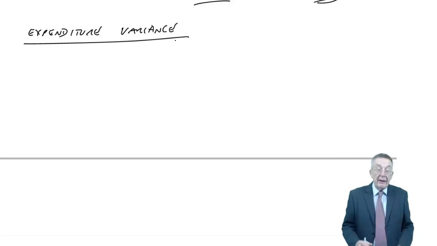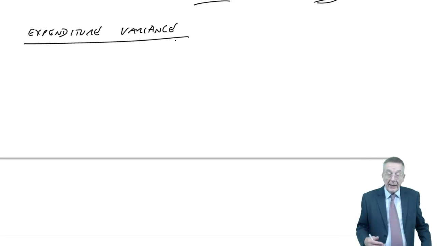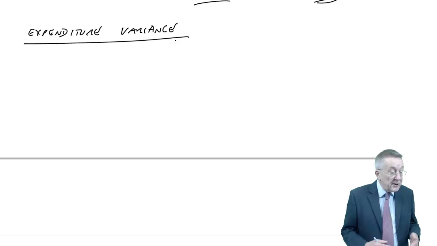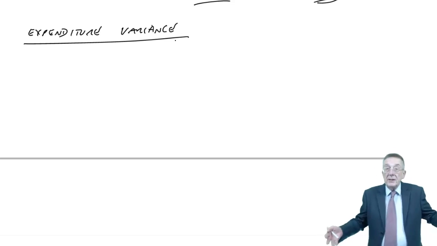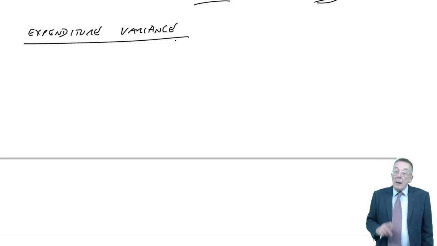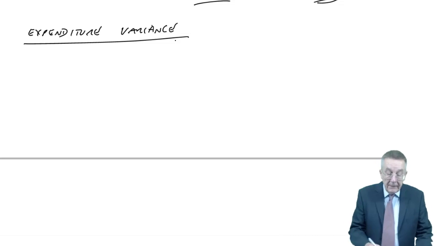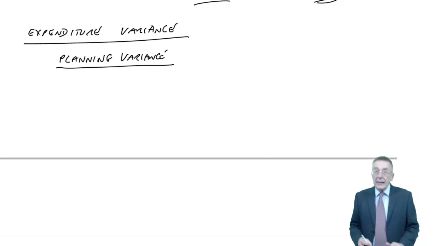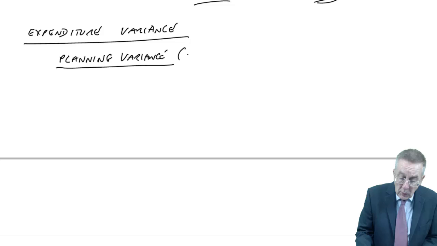We've already worked out the total variance, so we'll check back later. But we worked out the overall variance. We paid $4.75, it should have been $5, we saved 25 cents a unit. But let's now try and analyse that. First of all, into the planning variance. And the planning variance is looking at what you might call permanent changes.